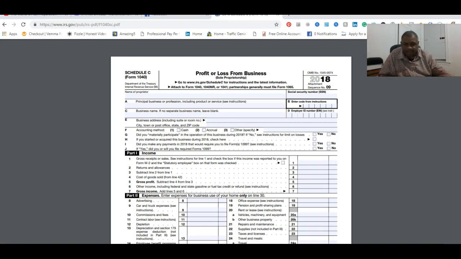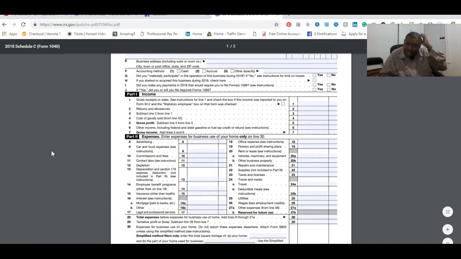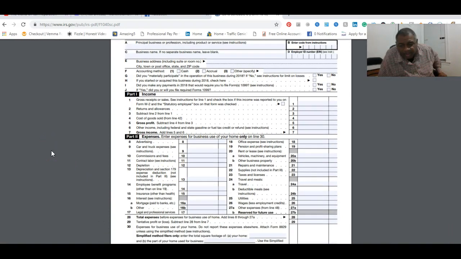Part 2, expenses. For people who have expenses, advertisement is a common expense. Business cards, flyers, anything dealing with marketing-related materials that's going to allow you to promote your business and what you do could fall under advertisement. Car and truck expense. If you have a vehicle directly related to the business, that's a possibility.